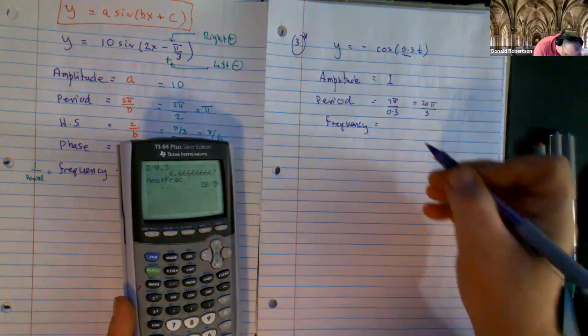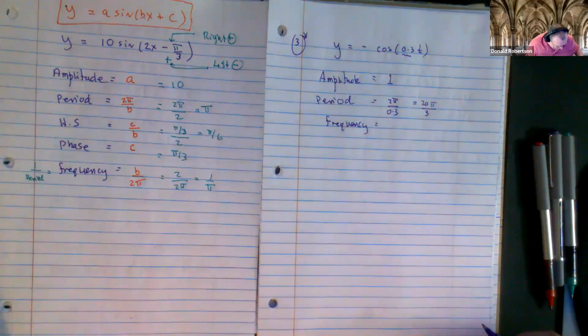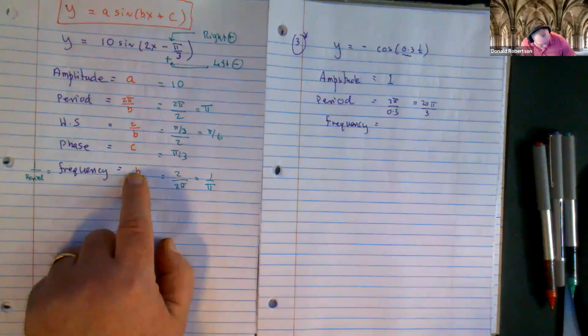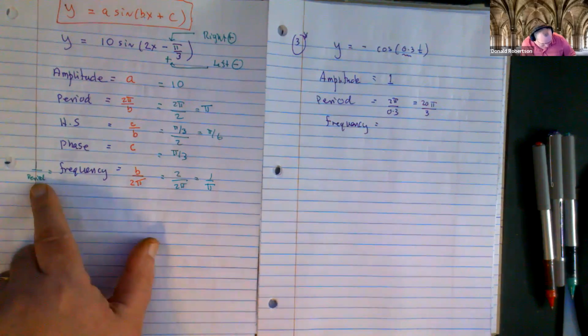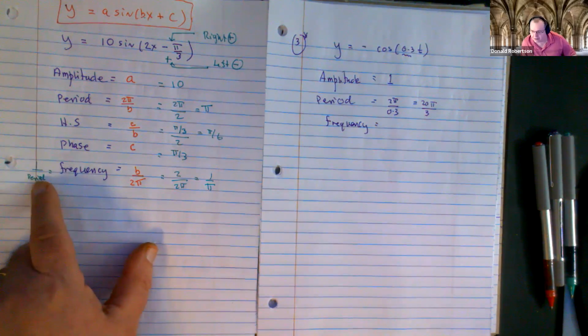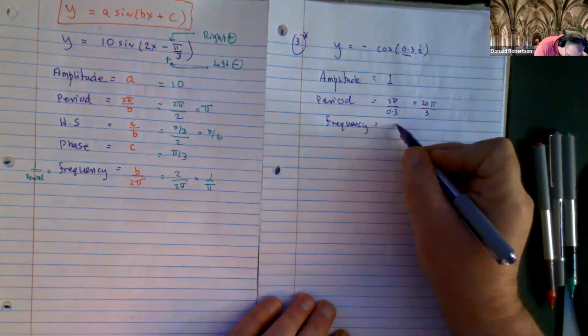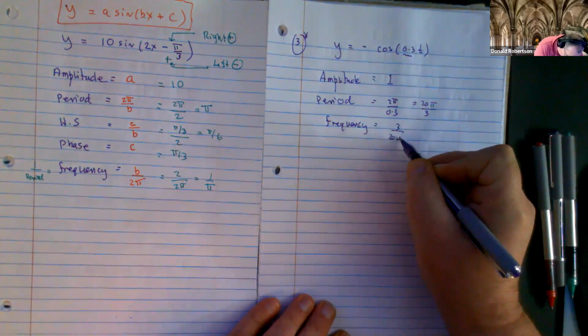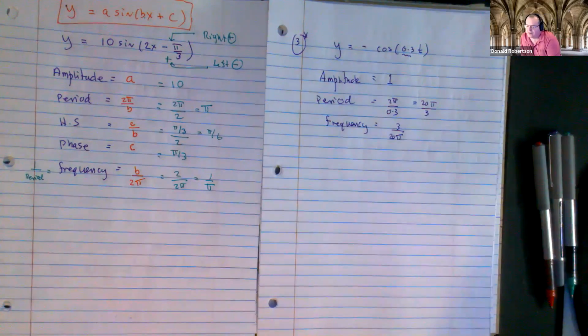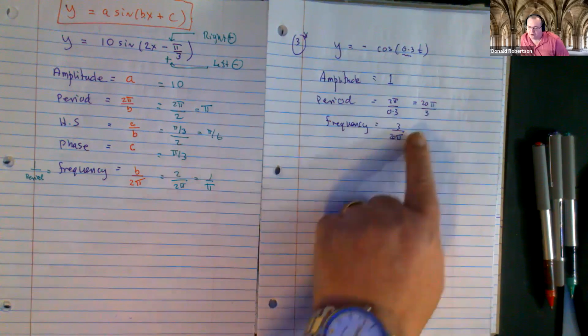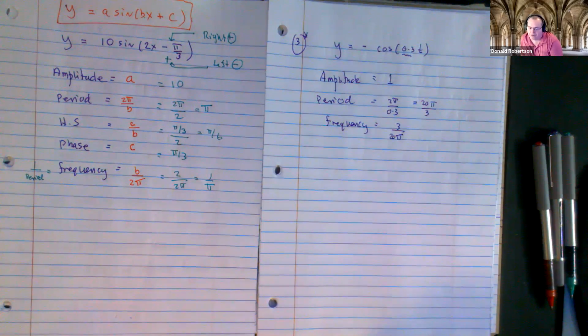And now, if you want the frequency, here's the formula for it, but isn't the frequency also 1 over the period? So if you've already found this guy, can't you just turn him upside down? And that's a quicker way of getting the frequency, right? So you don't have to do any weird calculations. Just take this answer and make it a reciprocal.